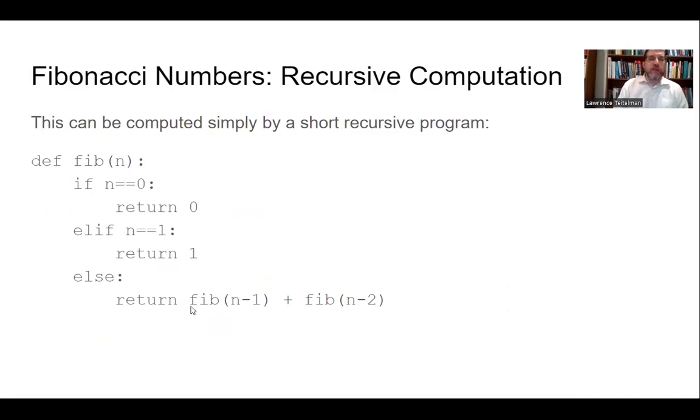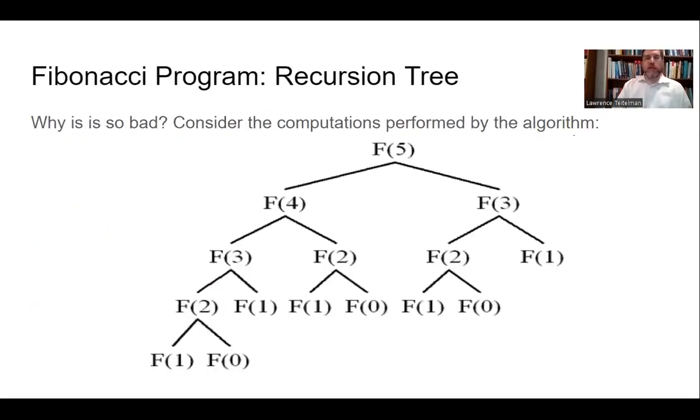You have your 2 base cases, and then you have your recursive case. Okay, what is wrong with this? On the surface, it looks very right. So let me show you what's wrong. Take a look at this picture here. This is an example of the recursion, the stack, the function calls.